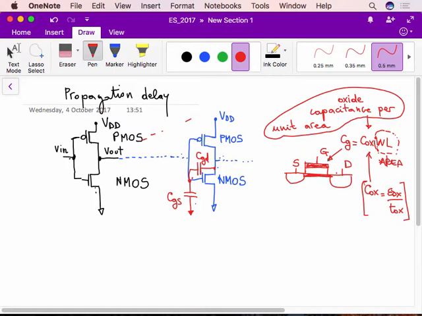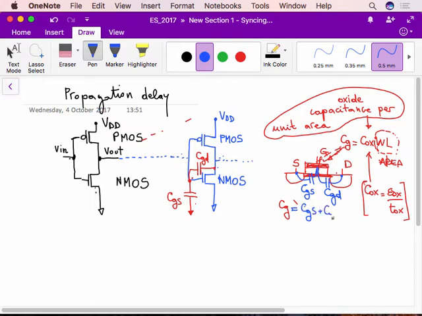And so instead of writing this capacitance CG between gate and channel, we divide it into two capacitances. One, a capacitance between the gate and the source, because we have a contact to the source, and then an additional capacitance between the gate and the drain. So this is what we call CGS, and this is what we call CGD. And then we write CG as the sum of CGS plus CGD.